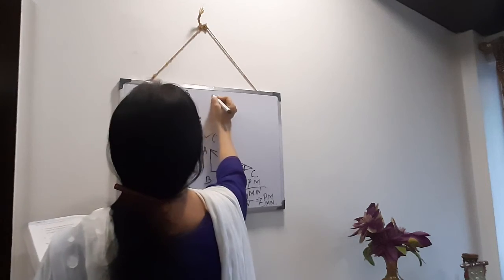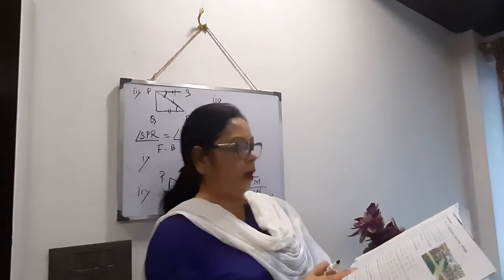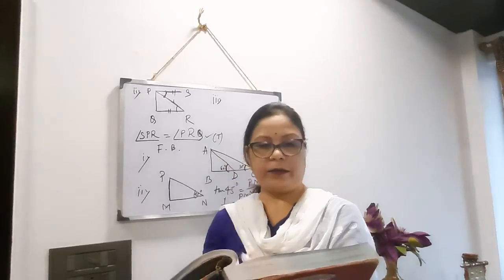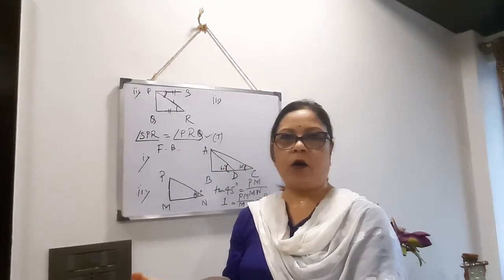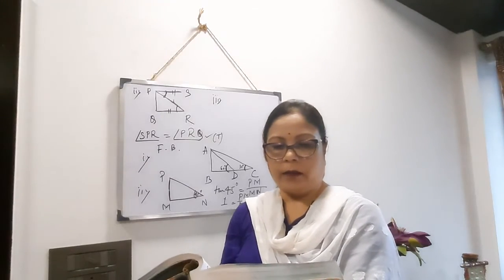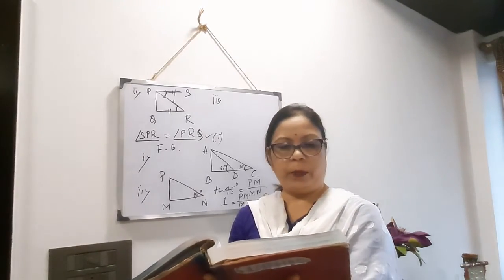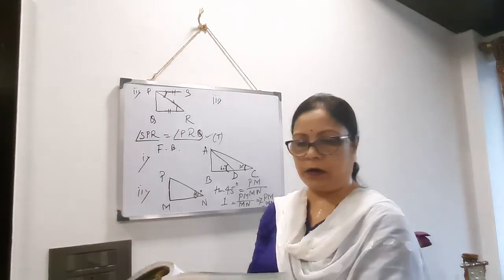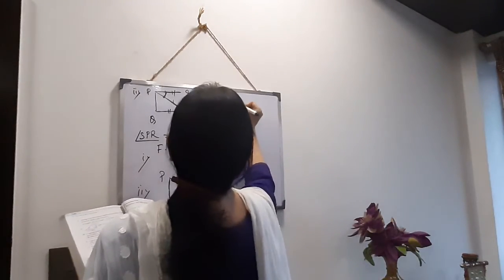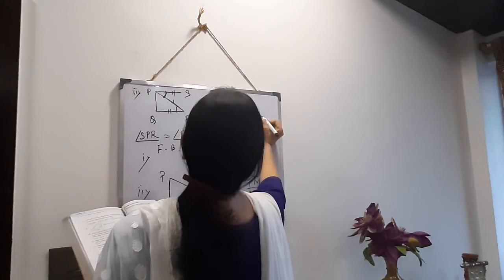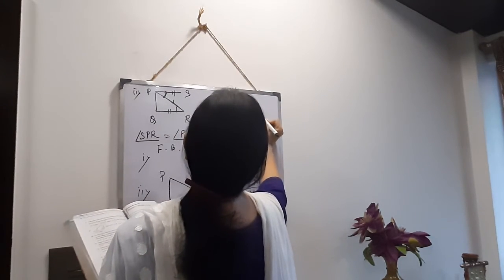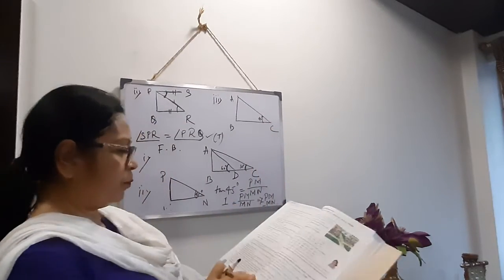Now number 3, fill in the blanks. If the angle of elevation of sun is dash 45 degree, you have to write greater or less. The length of shadow of tower will be less than the height of the tower. First I am drawing this. It is 45 degree. This is the object and this is the length of shadow.